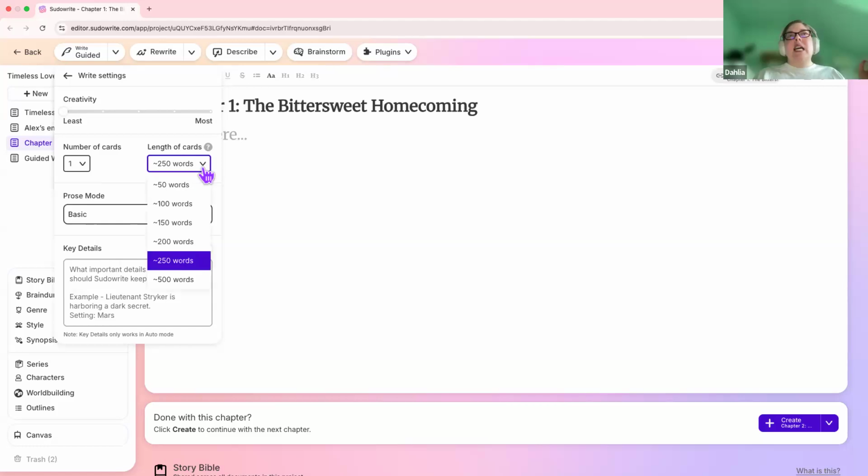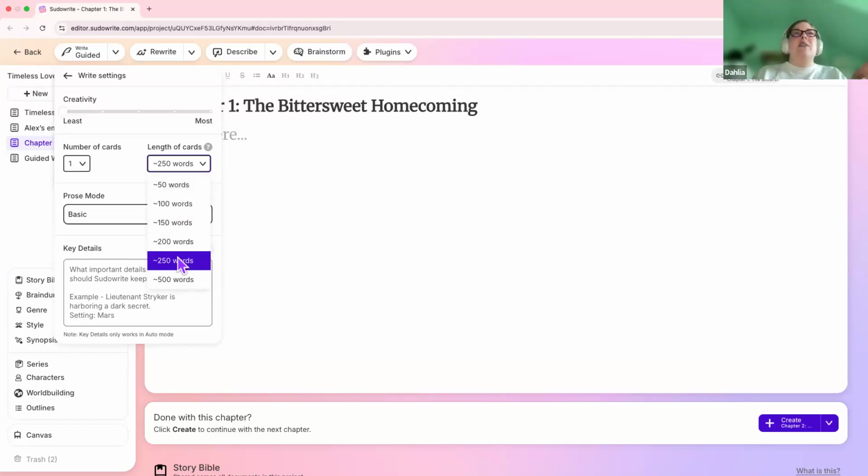Length of cards gives you the power to set the word count for your output that you would like to have. It's approximate since AI is not that good at counting words. So you won't get exactly 150 or 200 words, but it will be somewhere like plus or minus 25 words-ish.